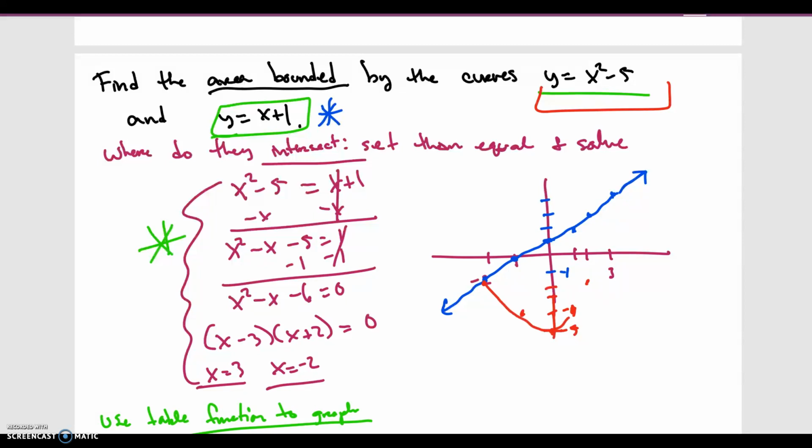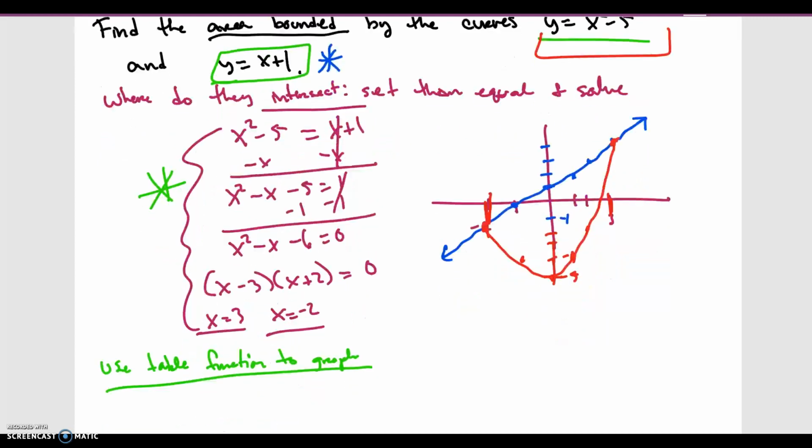So my graph will look something like this, and it'll intersect at 3. If you do not quite know what these look like, then just go ahead and use a table function, and you can plot a couple of points between -2 all the way to 3.